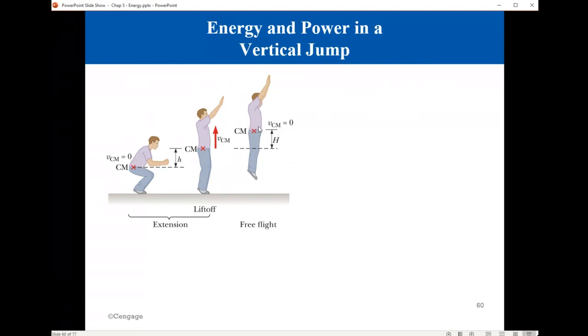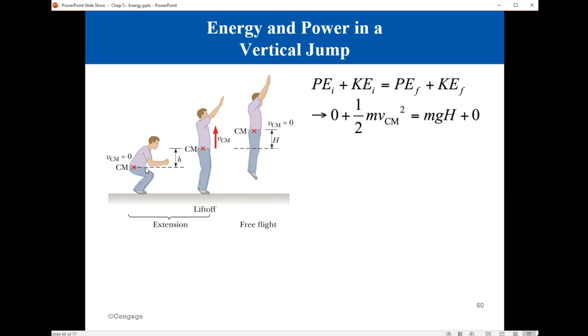The energy is all potential. Initially, the energy was all kinetic. So applying the energy conservation principle, we can solve for h, the height. It is equal from this equation, divide both sides by m, and solve for h, the height of the center of mass.